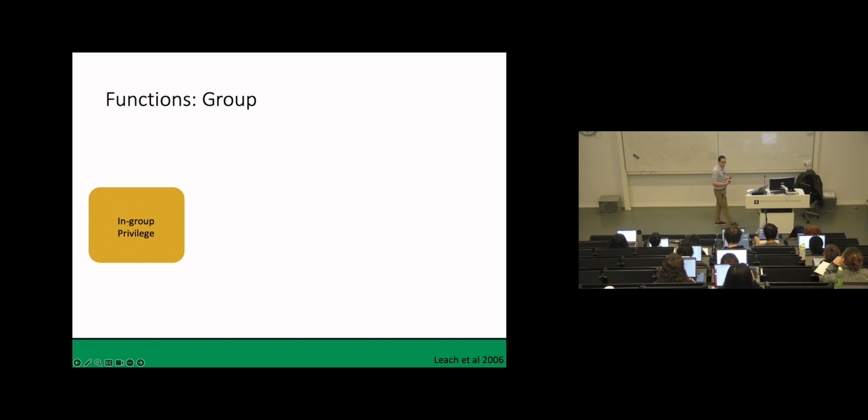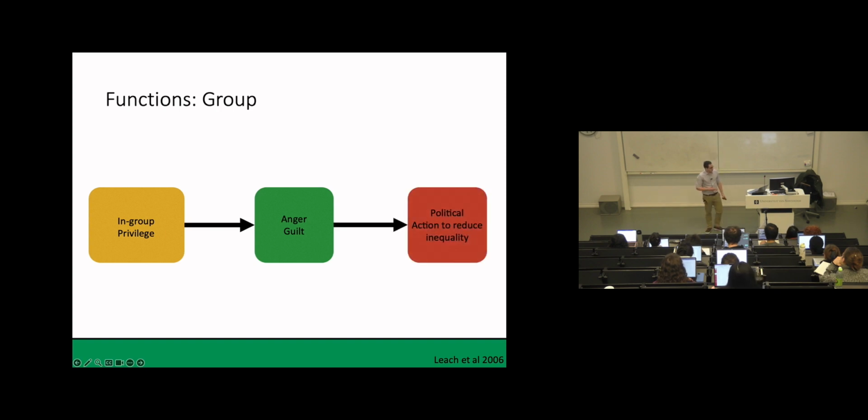And he found that when he had people engage in this task where they thought about this and ruminated on this, they felt things like anger and guilt. And these emotion experiences made them more likely to actually go out and take political action. They not only said that they would go do things, but they actually followed through and engaged in political actions that were designed to reduce inequality, specifically between Aboriginal and non-Aboriginal Australians.